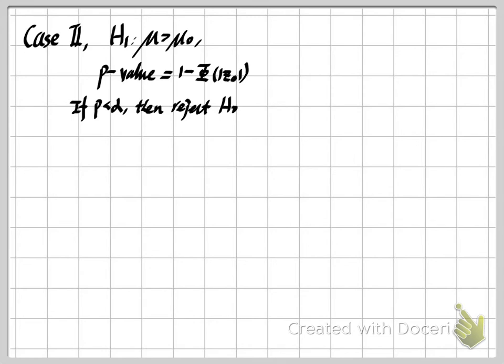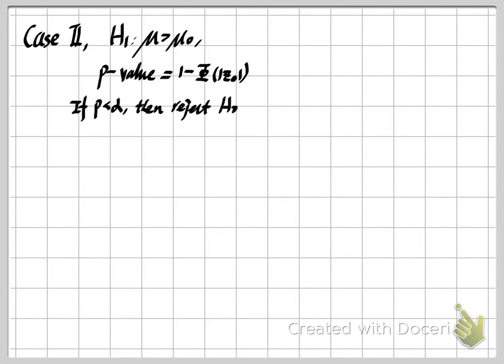Here we also use the table of the standard normal random variable to get this value. If we compare this p-value with the given alpha in the question and p is smaller than alpha, then we reject H0, the null hypothesis. However, if the p-value is greater than alpha, then we fail to reject, or we accept H0.